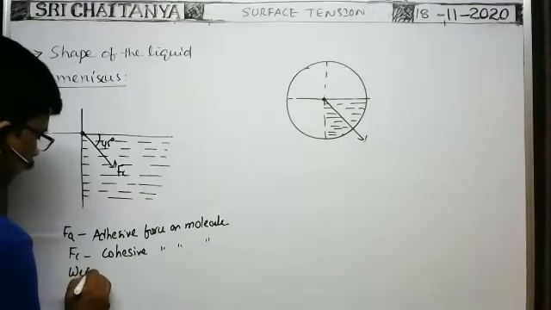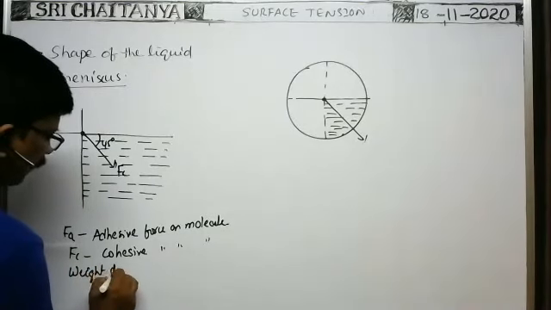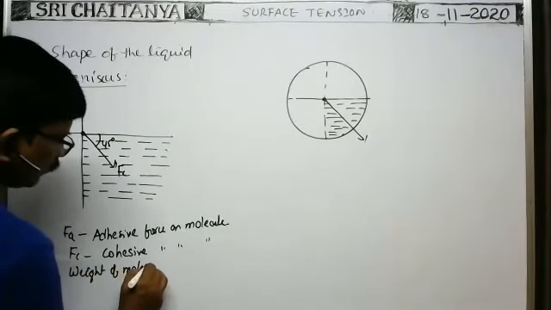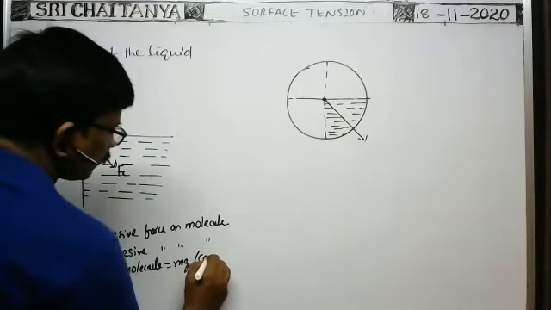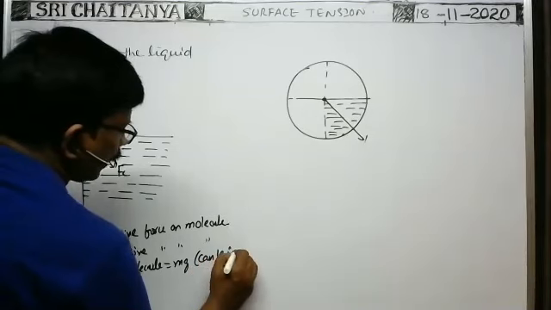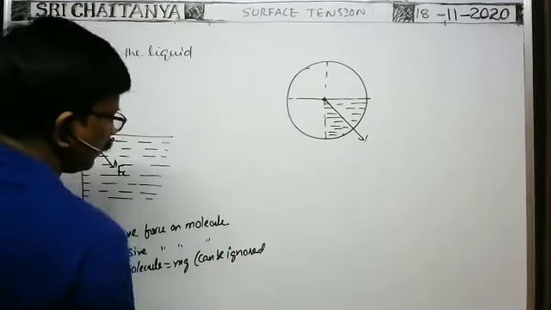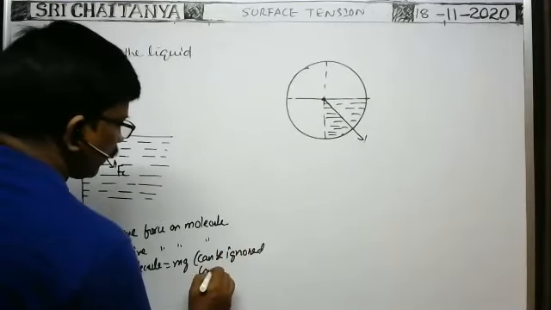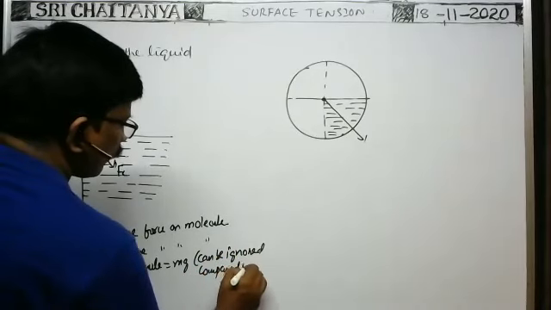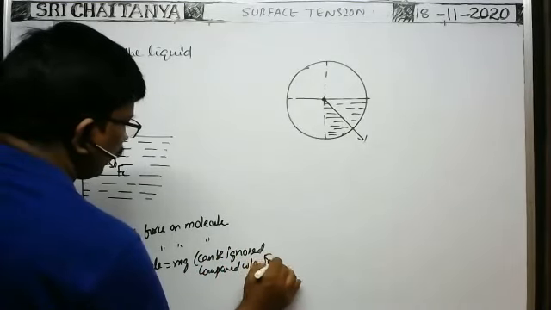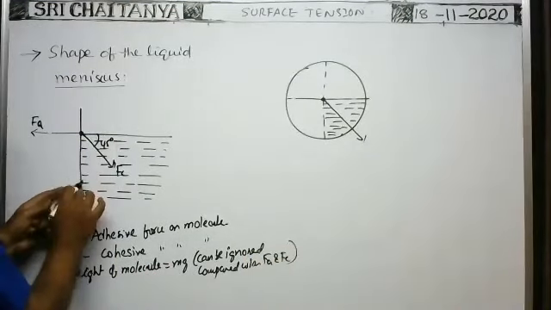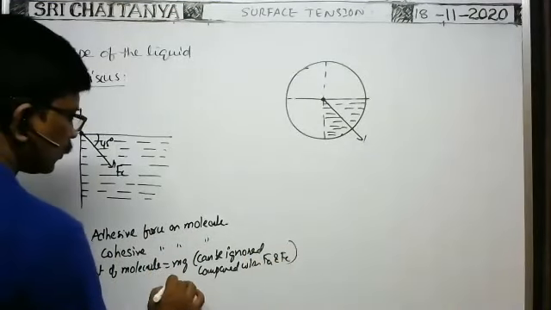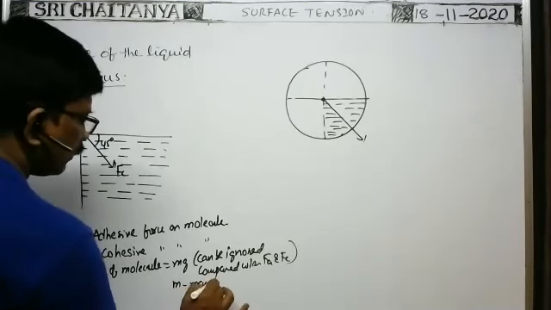The weight of the molecule mg can be neglected compared with Fa and Fc, where m is the mass of the molecule.